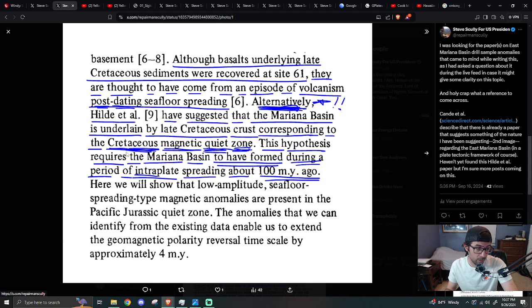This hypothesis requires the Mariana Basin to have formed during a period of intraplate spreading about 100 million years ago, meaning the Pacific plate spread about 100 million years ago during the Cretaceous Magnetic Quiet Zone, but that's not convenient for plate tectonics.